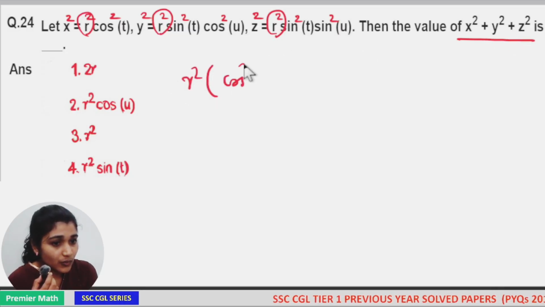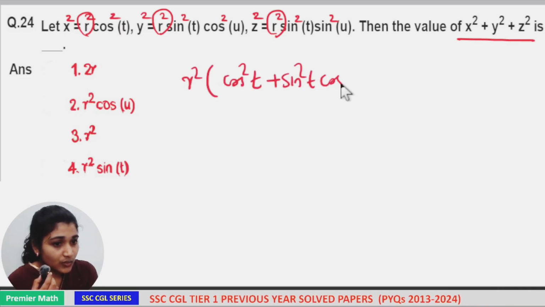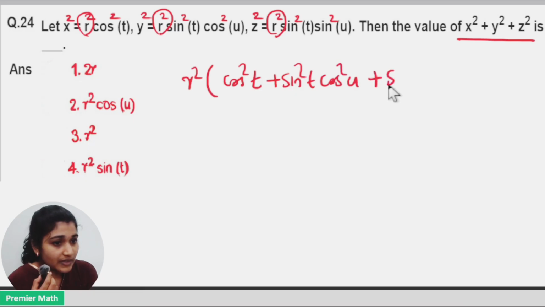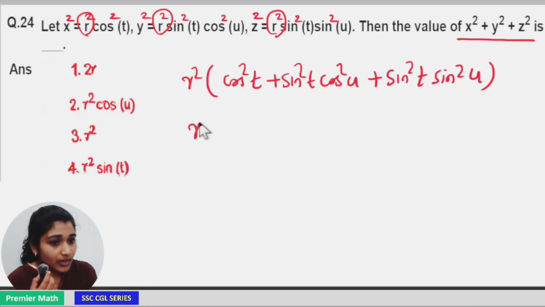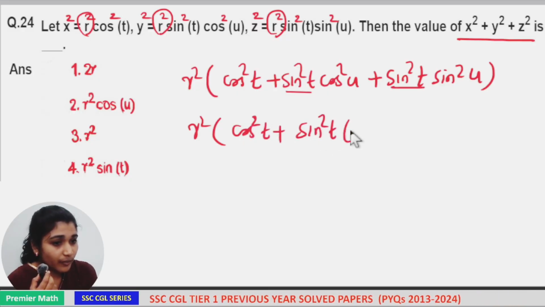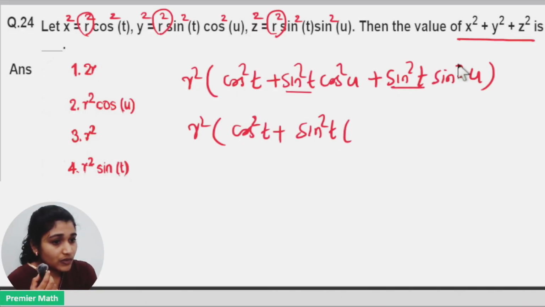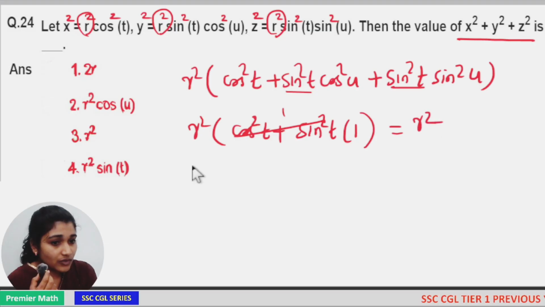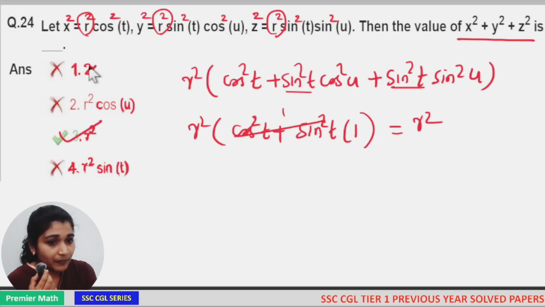Remaining is cos square t plus sin square t into cos square u plus sin square t into sin square u. Now take sin square t common. So this will become cos square t plus sin square t times cos square u plus sin square u, which is 1. Now cos square t plus sin square t is equal to 1. So r square is your answer. Option 3 is your answer.